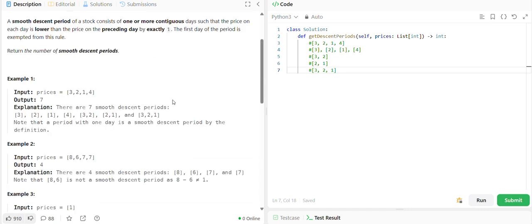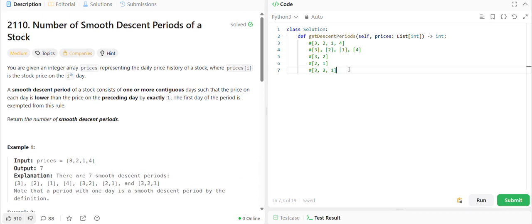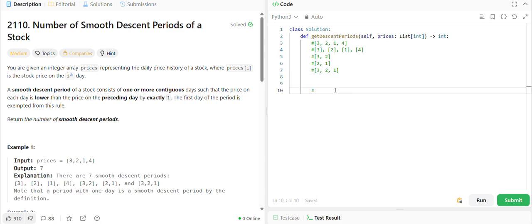Well, let's try the most optimized approach and see what the intuition is. So we have 3, 2, 1 and 4. Let's write the indexes as well. That is 0, 1, 2 and 3 because we all know that indexes start from 0. Now here we will try to calculate the number of smooth descent periods till every index. For every iteration we will calculate that.